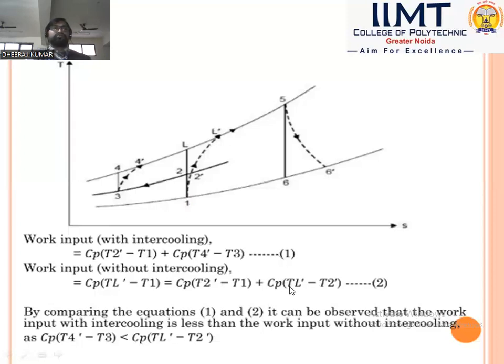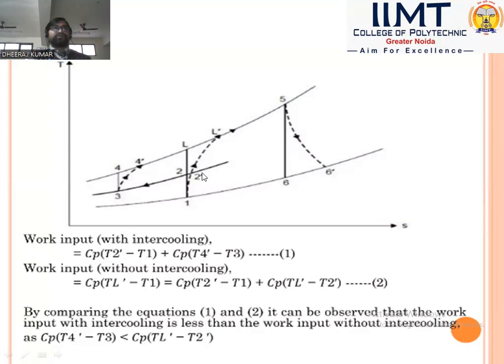By comparing both equation 1 and 2, it can be observed that the work input with intercooling is less than the work input without intercooling. So intercooling is used to improve the efficiency of the gas turbine because input work is reduced, meaning compressor work is reduced.